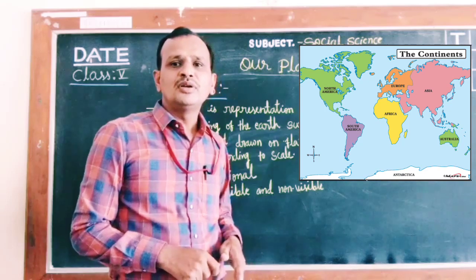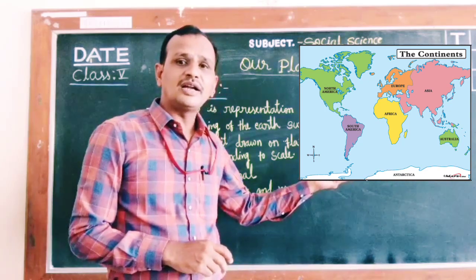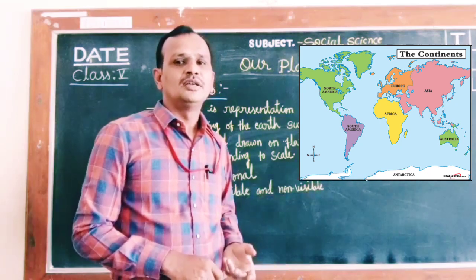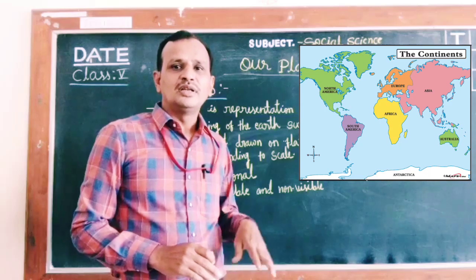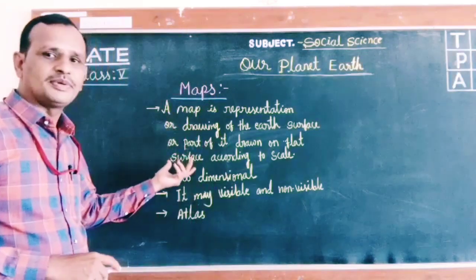So we can easily see both sides of the Earth at the same time through maps only. Let's understand the map in detail.